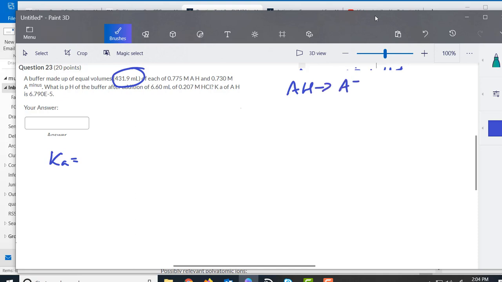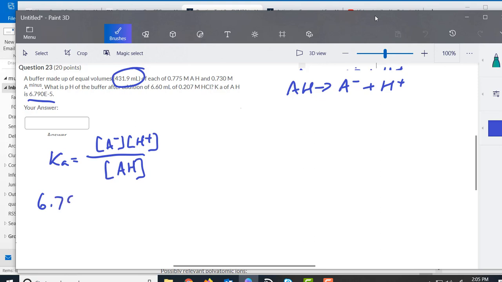AH gives A minus plus H plus over here. And it's going to be A minus times H plus over AH. We're given the Ka in the problem here as 6.79 times 10 to the negative 5. I'll rewrite this table here so you can see exactly where the values come from.